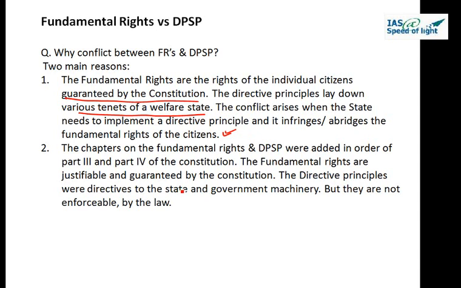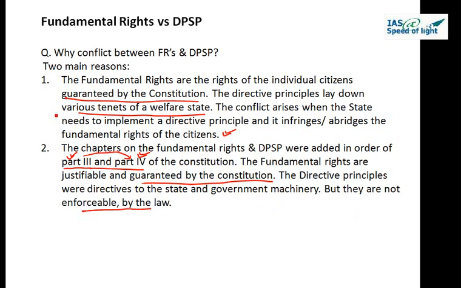Second, the chapters on the fundamental rights and directive principles of state policy were added in an order such that directive principles are secondary to fundamental rights. Part 3 is fundamental rights, part 4 is directive principles of state policy. The fundamental rights are justiciable and guaranteed by the Constitution itself, and they are enforced by the court. The directive principles are directives to the state and government machineries, but they are not enforceable by the court.